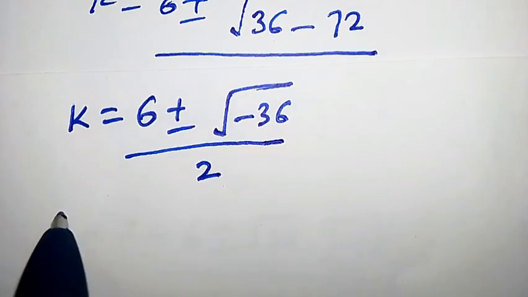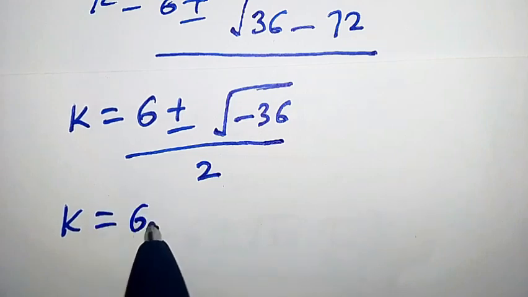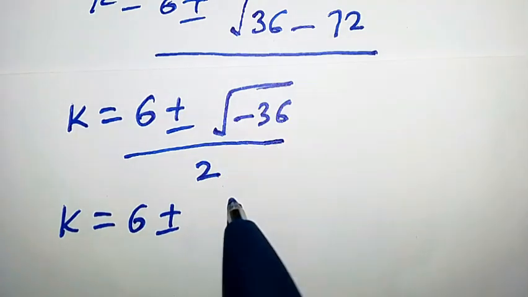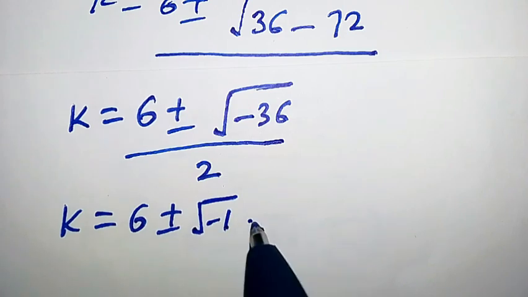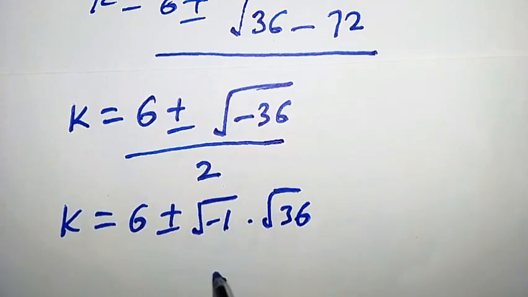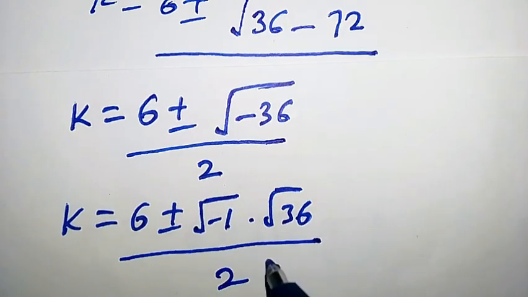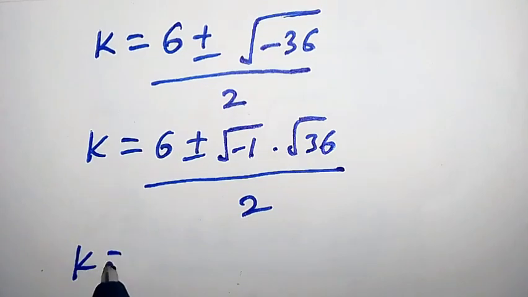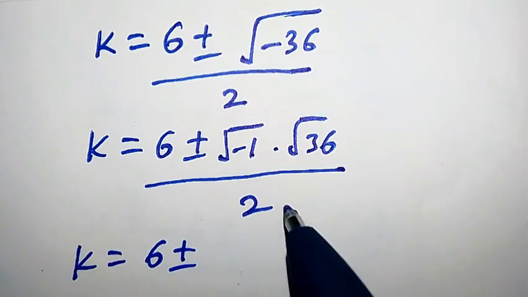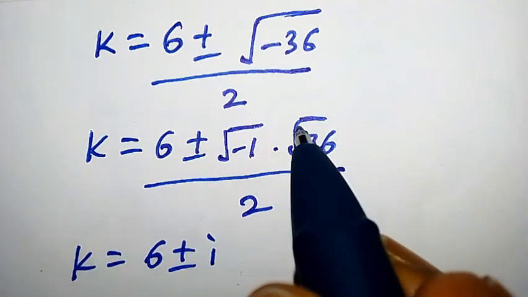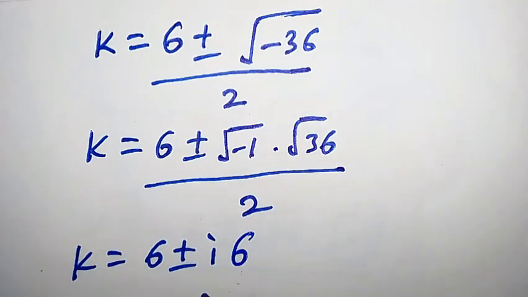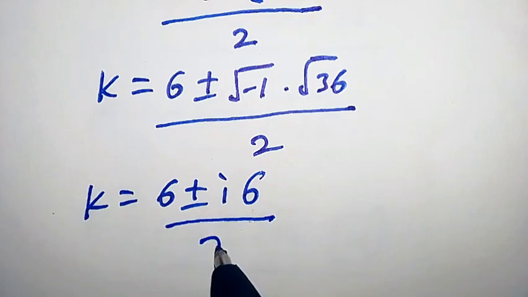Let's proceed further. k equal to 6 plus or minus square root of negative 36. We can write it as square root of negative 1 times square root of 36, all over 2. k equal to 6 plus or minus, square root of negative 1 is i from the complex numbers, and square root of 36, that is simply 6, all over 2.